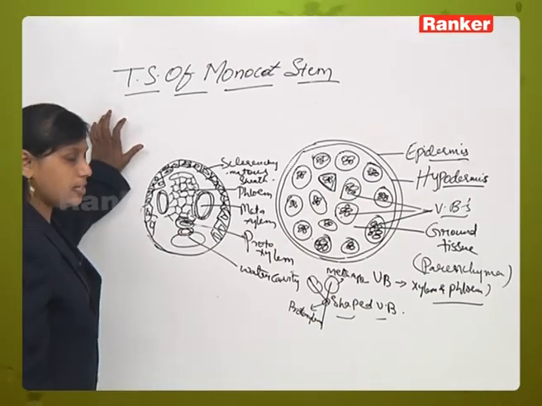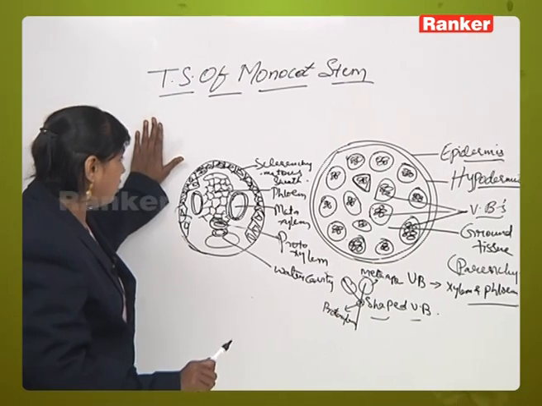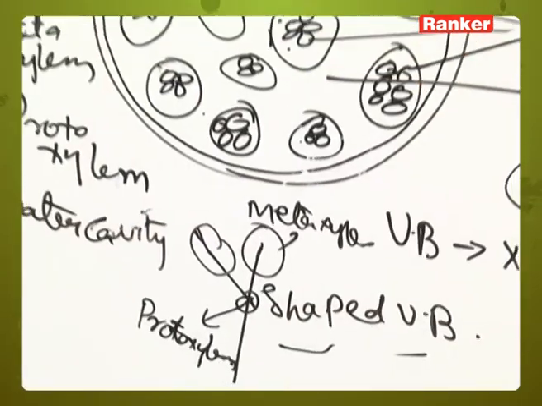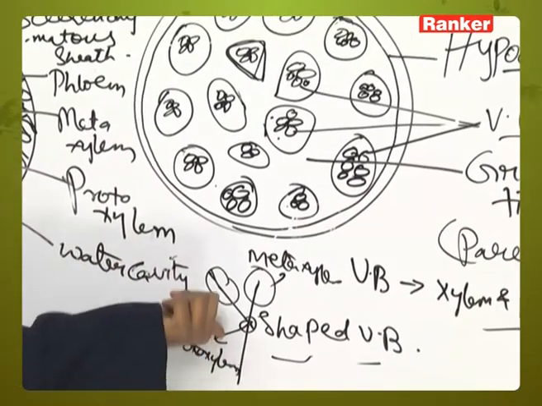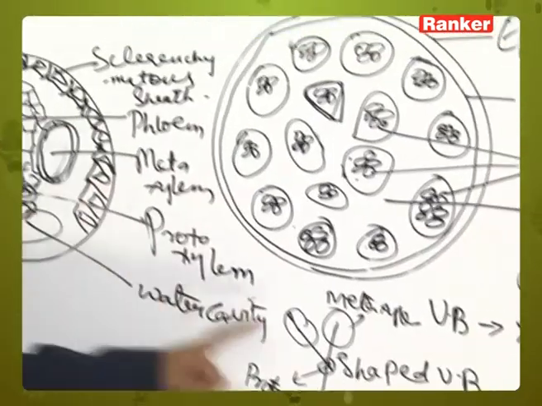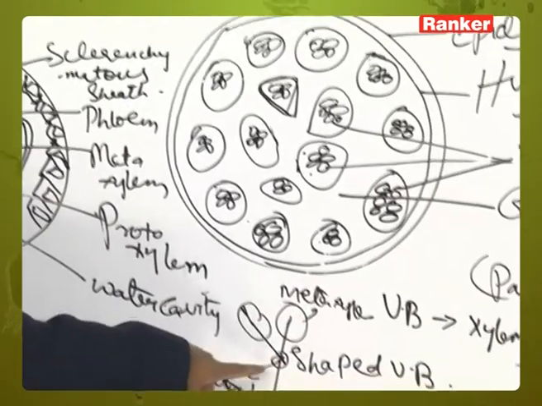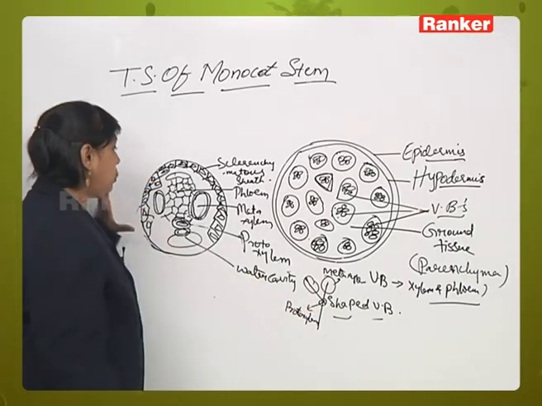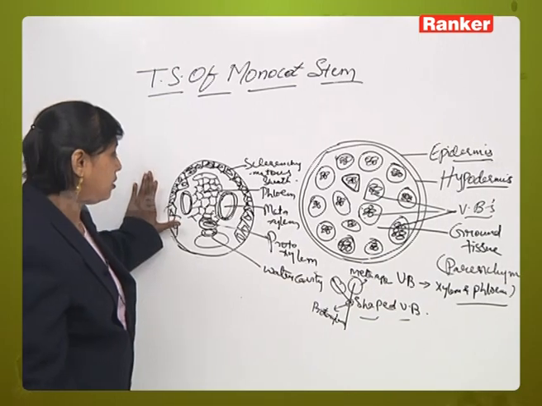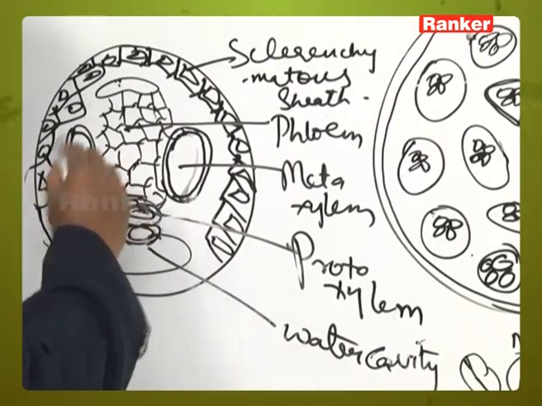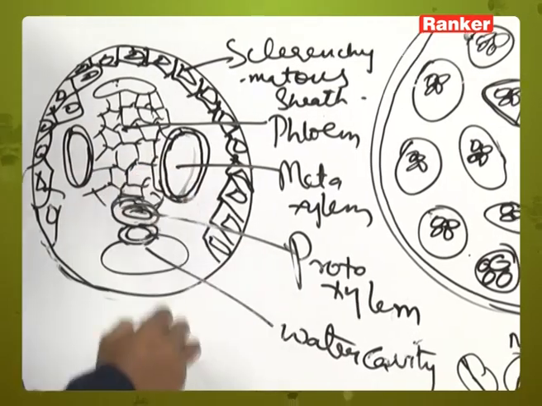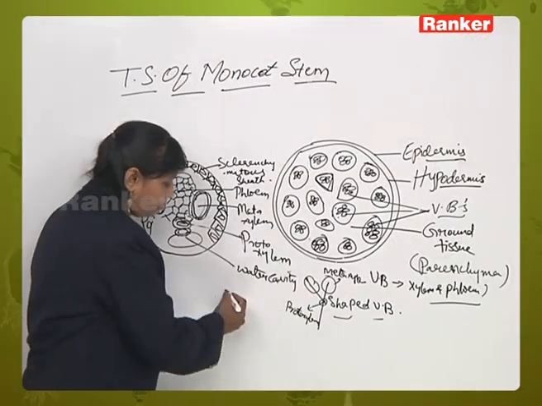So the difference between the dicot stem and the monocot stem is that here the vascular bundles are scattered and in the form of a Y shaped structure, with metaxylem towards the periphery and protoxylem towards the center, surrounded by sclerenchymatous sheaths. It appears in the form of two arms with a single handle, that is a Y shaped structure.